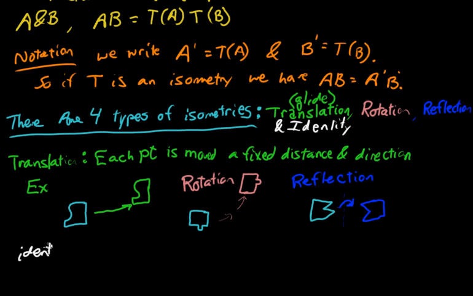And then identity is, that's the most obvious one. It just sends every point to itself. So it's going to be a little bit harder to draw. So let's say I have, we'll just do a basic square. It would just send each point in that square to itself.